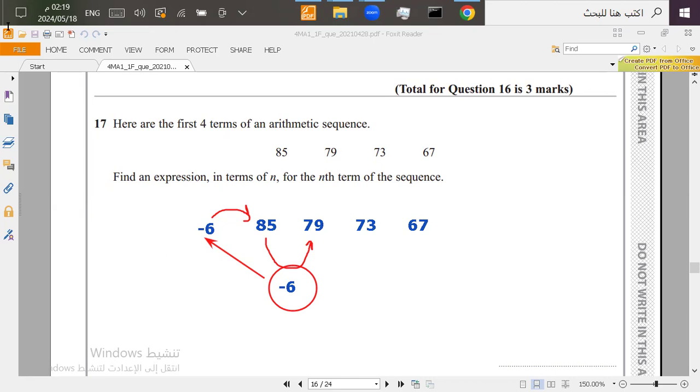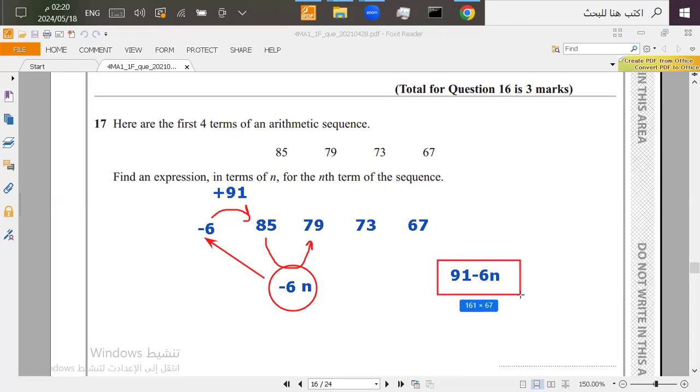So minus 6 plus 91 will give me 85. Now I'll put n next to this and use it as the nth term. So it's going to be 91 minus 6n. 91 minus 6n. And this is the nth term of this sequence.